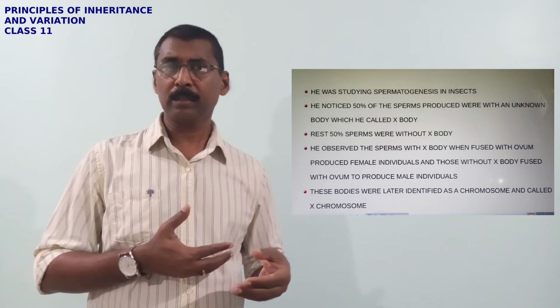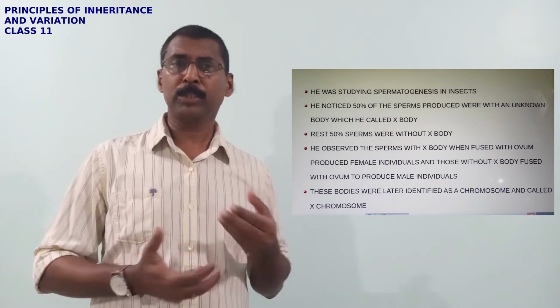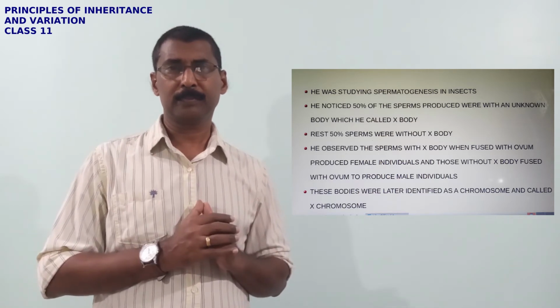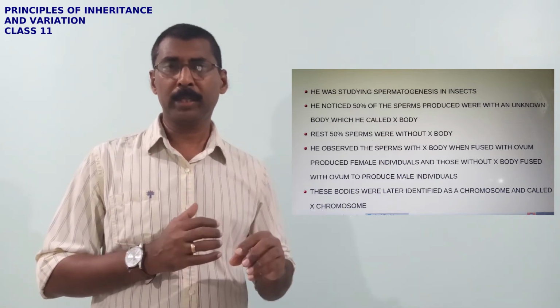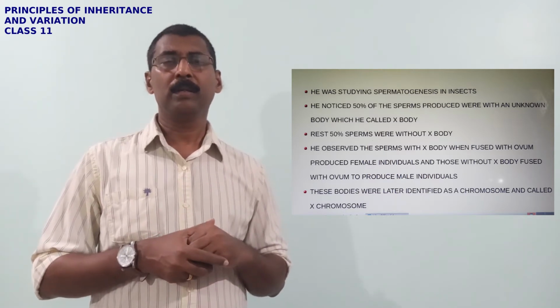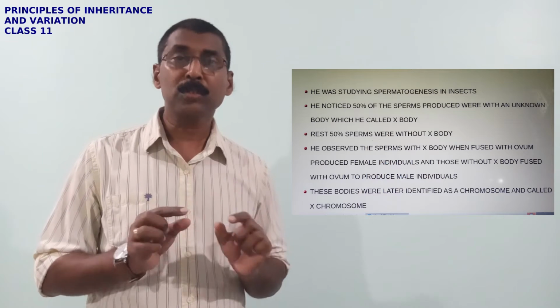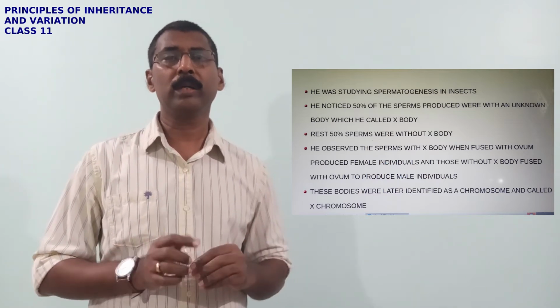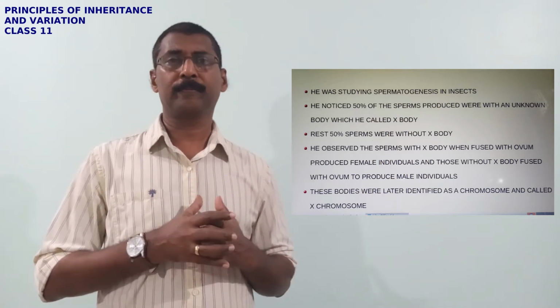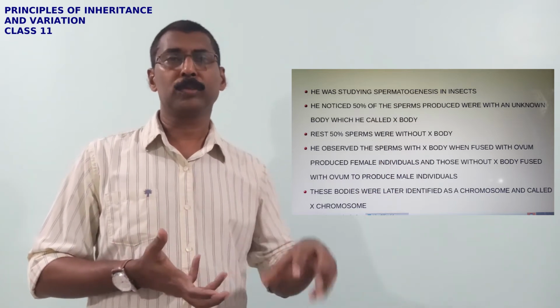So later it was known as X chromosome. The X body of Henking was later called X chromosome because it was known to scientists as a chromosome.